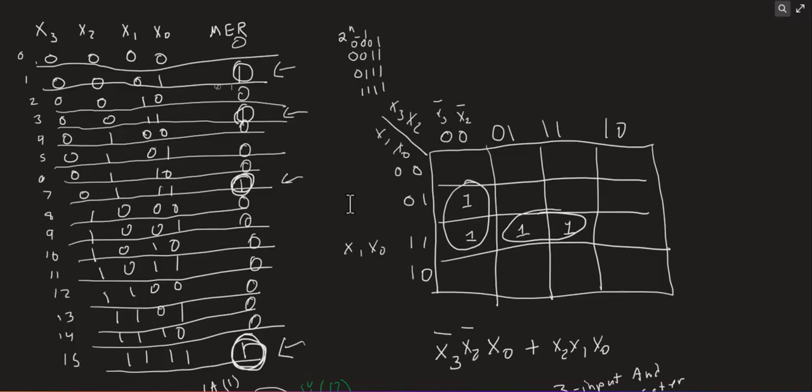So first of all, let's see, we know that x0 is 1 for all of them, right? All of these that I have circled. X0 is 1.